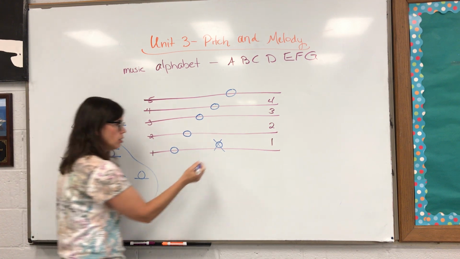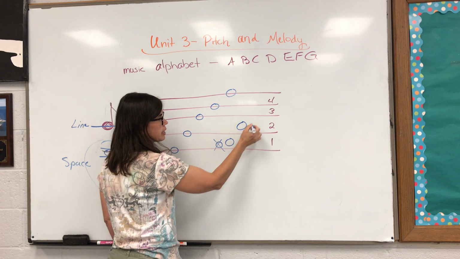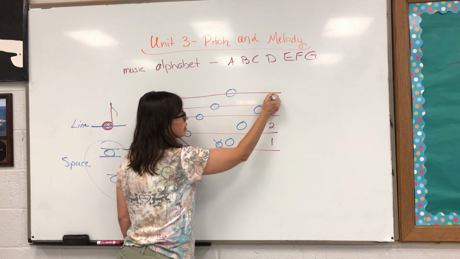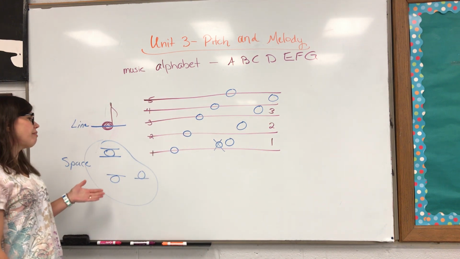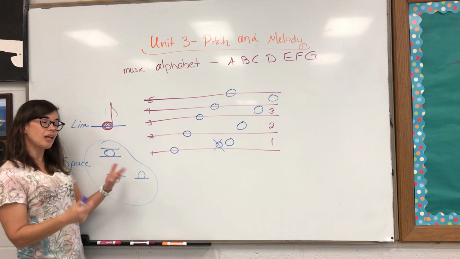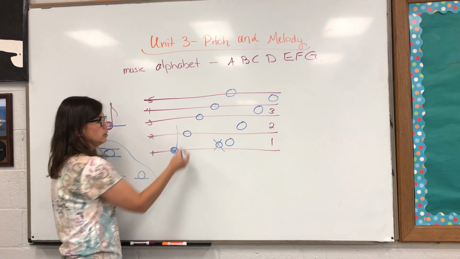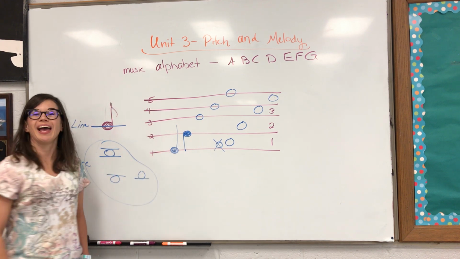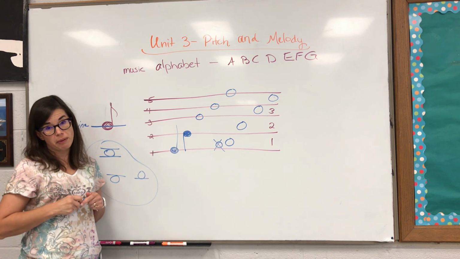For it to be a space note, the note has to be in between the lines. That's space 1, space 2, space 3, and I'm going to squeak in space 4 right here, okay? So that's how you identify whether a note is a line or a space. It doesn't matter whether the note is colored in, or whether the stem's going up or down. You look at where the note head is, and that helps you determine whether it's a line or a space note.